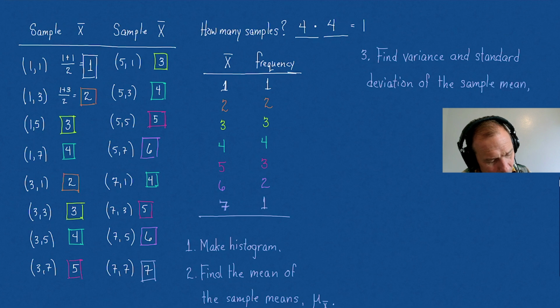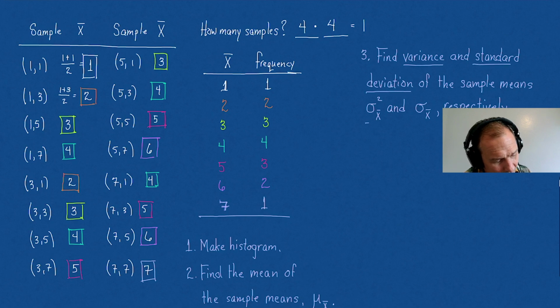It has the notation sigma squared with an x bar on it. This is the variance of the sample means, and the standard deviation is sigma x bar. And so I'm going to put respectively, meaning that the order at the beginning of the sentence is the order of the symbols at the end of the sentence. Okay, there's 3 things that we're going to do.